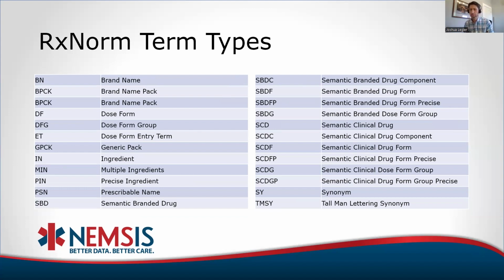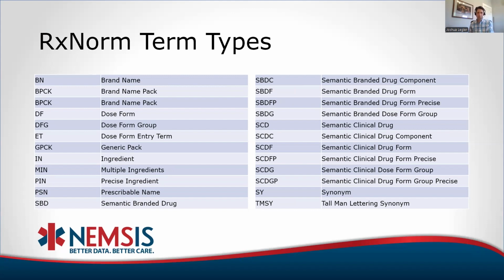RxNorm has a bunch of term types. When you're talking about a medication, you might be interested in an ingredient like oxygen or acetaminophen, but you might instead be interested in a specific brand name like Tylenol. Or maybe more specific, a doctor may have prescribed a specific brand name pack to a patient, to take this particular medication in this strength, in this form.